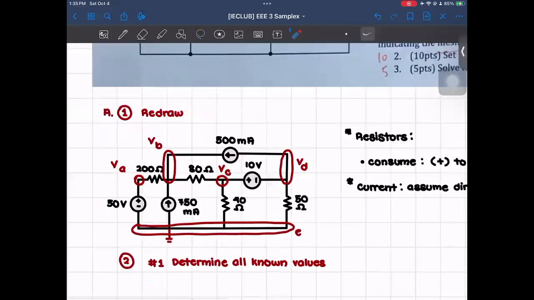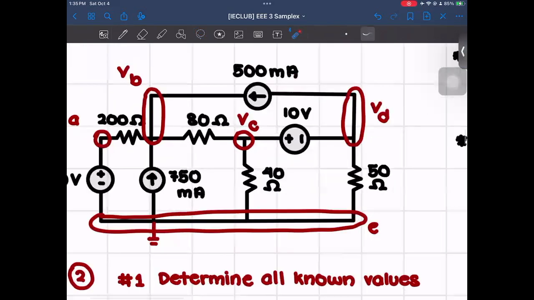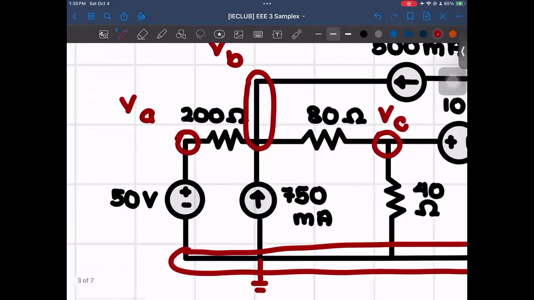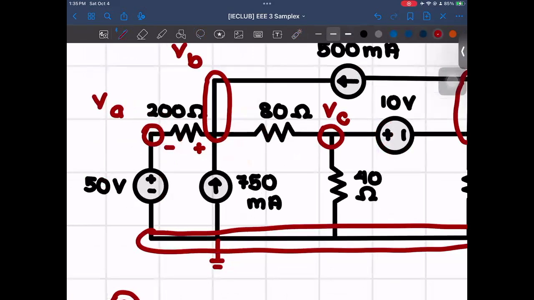For the currents, what I would do is to first identify the signs in our resistors. You could just do this arbitrarily. Let's just assume, for this 200 ohm resistor, it will be from negative to positive, and for this 80 ohms, it will be positive to negative. Usually what I do to arbitrarily put the signs is to base it on the fact that we already know there's a 750 mA current here going upwards.